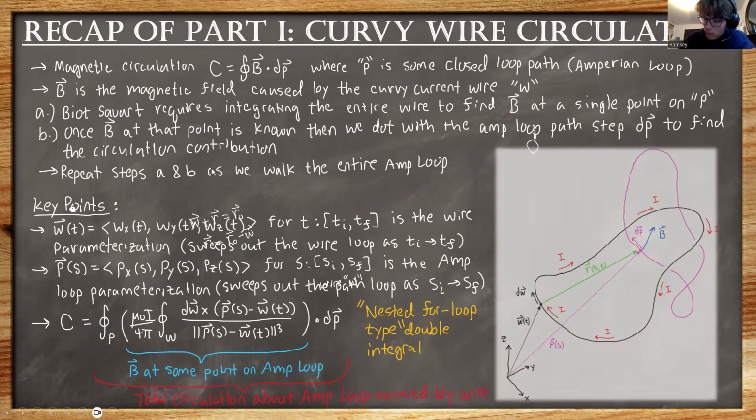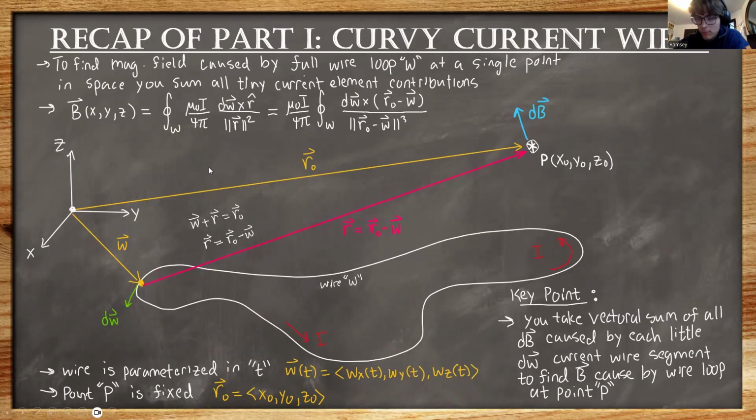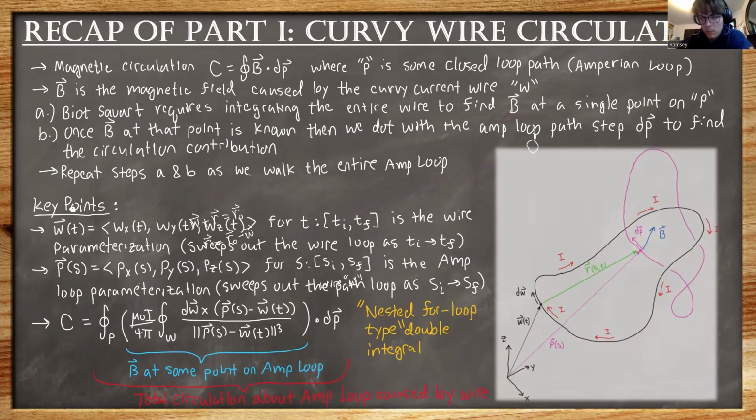So that was one of the setups to our problem. Then we had to talk about, because with circulation and an Ampèrian loop, we're not just dealing with one loop and a point. We're dealing with a wire loop that creates a field, and then an Amp loop that we need to know the field value for at every point on the loop. So magnetic circulation was given by this formula, where P is some closed loop path. We call it an Ampèrian loop.